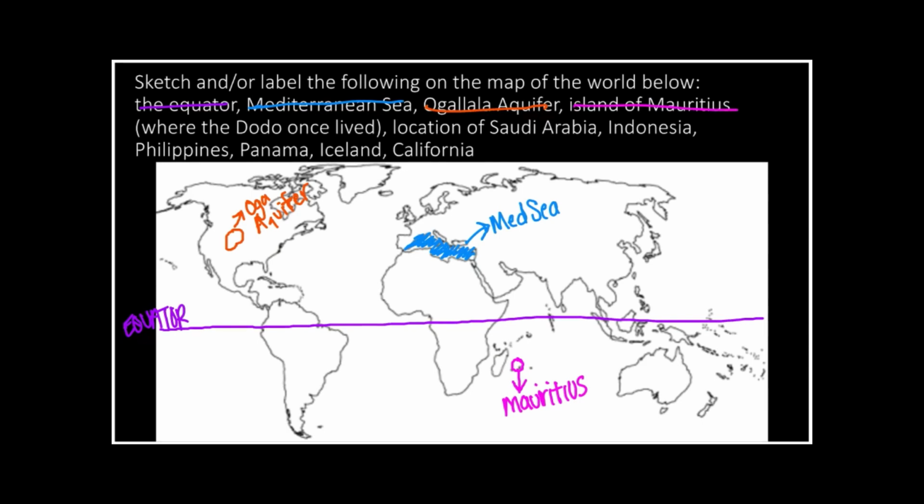And then Saudi Arabia, let me get you that one. Some of these you guys might have a general idea of, but you may not. I know the screen is kind of hard to see. I didn't have a black copy of this map. Indonesia, this is an island right here.